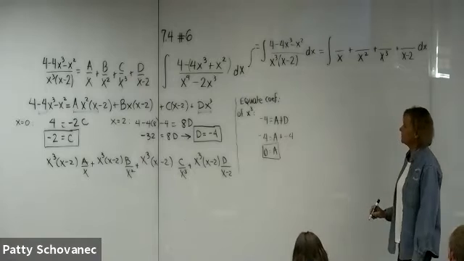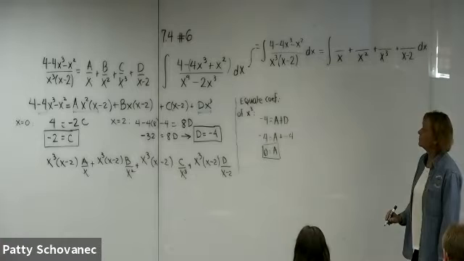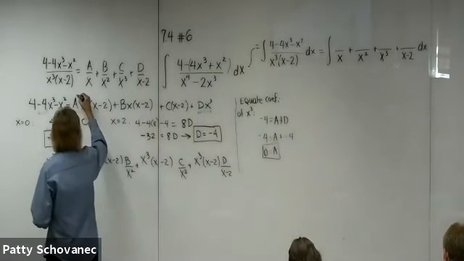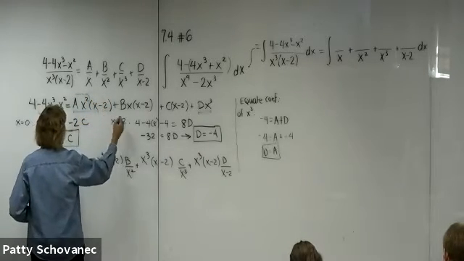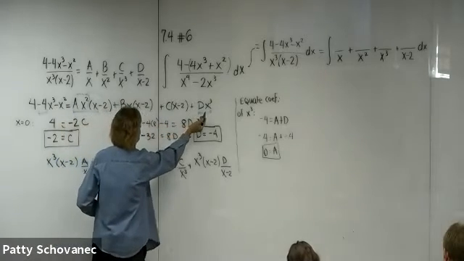Okay, now we still need another one. -2a plus b equals -1. Okay, so you're doing the x squareds? Looks like it. This will give you an x squared term, and this will give you an x squared term. There's no x squared terms here.